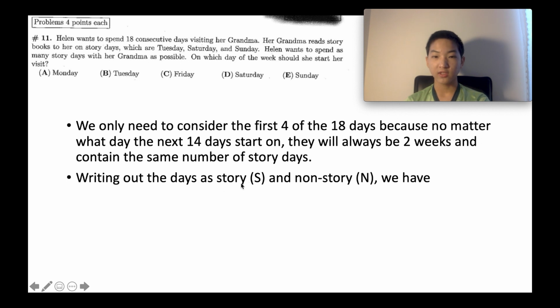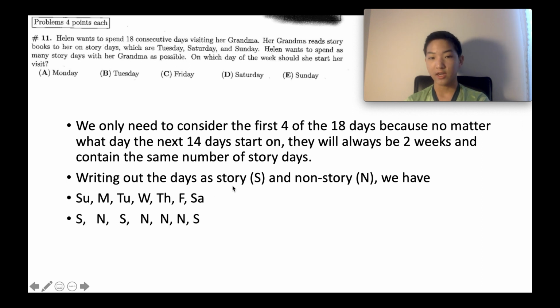So writing out the days as story and non-story, we have Sunday, Monday, Tuesday, Wednesday, Thursday, Friday, Saturday. And then Sunday's story, Monday's non-story, story, non-story, non-story, non-story, story. Just to be clear, the ones on the same vertical are corresponding days.